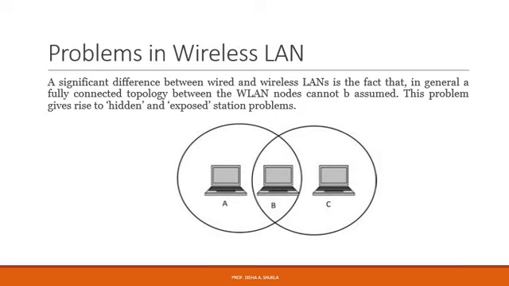C also wants to send data to B and senses the carrier. As it senses it to be free, it also starts sending to B.